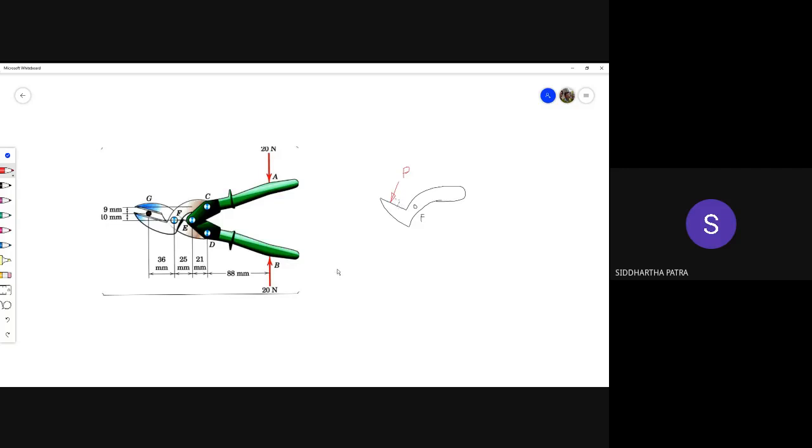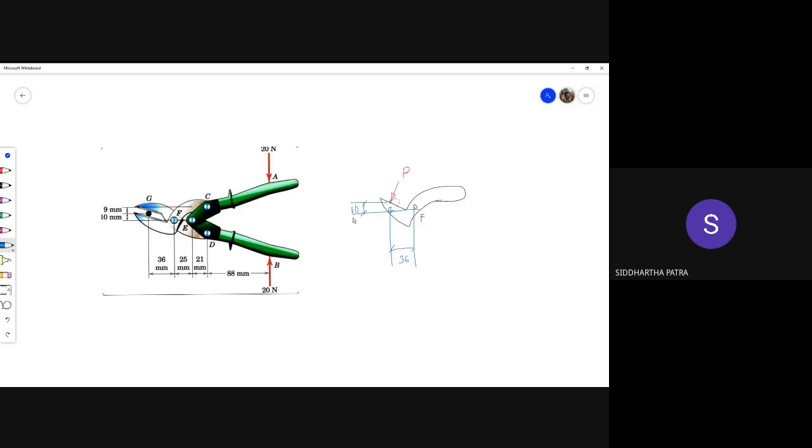By knowing this distance from G to F, I know how much is the horizontal distance, and that is 36. Vertically, from G to F is I believe 10 millimeter.